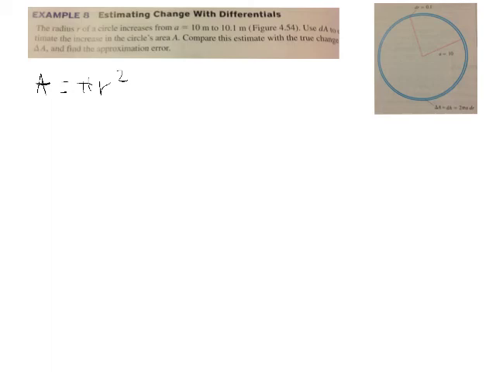And we know that the radius of the circle in this case is 10. And we know that the radius of the circle increased from 10 to 10.1. So that's the change in r. How much do we change by? We changed by 0.1 because we went from 10 to 10.1.